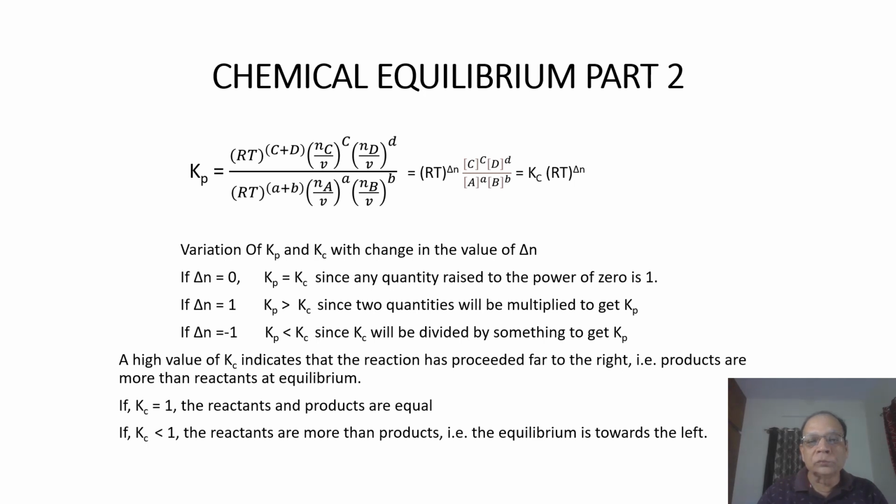Now, this turns out to be RT to the power del n, where c plus d minus a plus b is the change in number of moles.